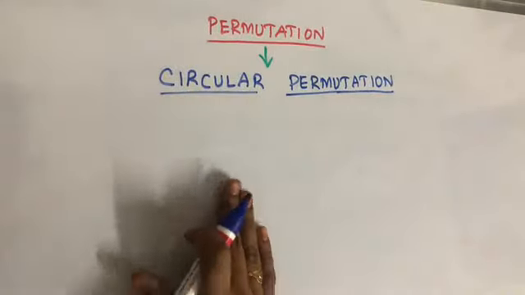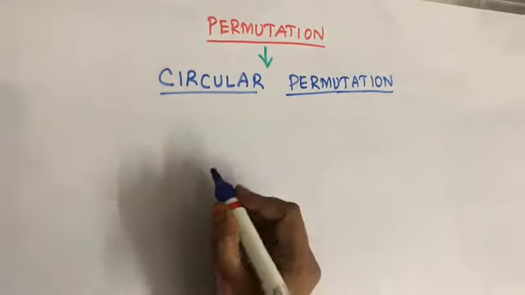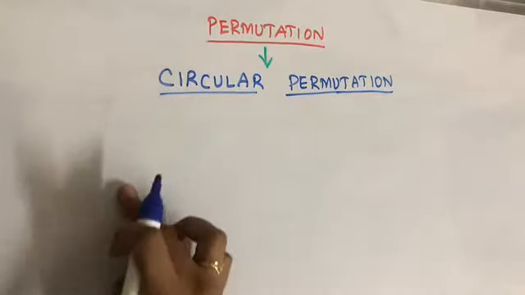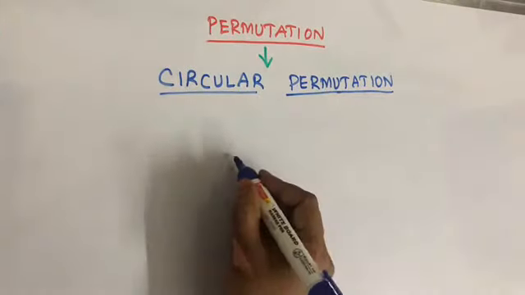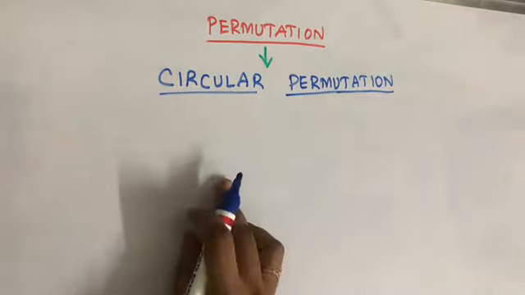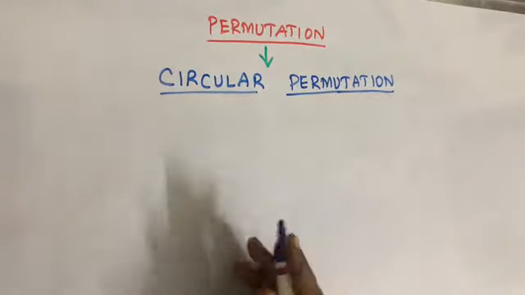So making a group of people sit on a round table or arranging beads on a string, these are all examples of circular permutation.